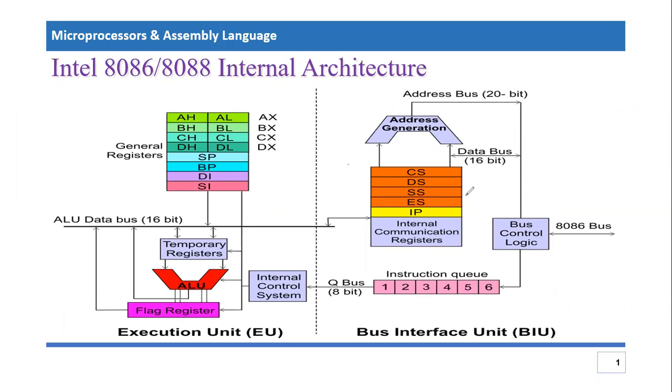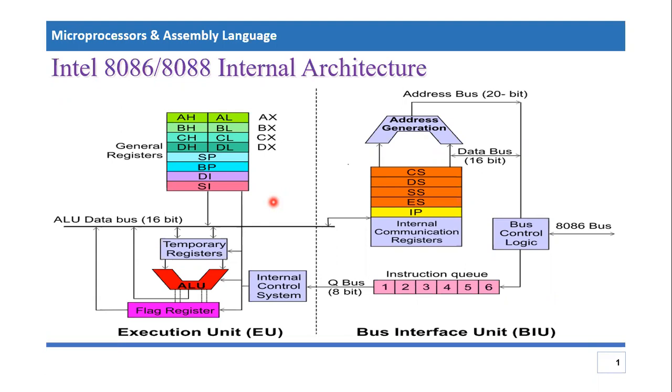I mean, how the different blocks present inside the 8086 or 8088 microprocessors are connected software-wise and hardware-wise. That is called internal architecture, a layout of the overall circuitry and their software and hardware connections.